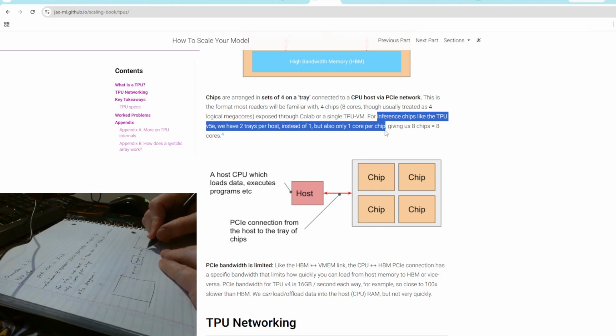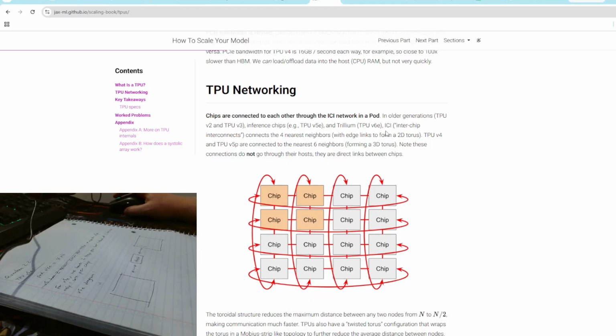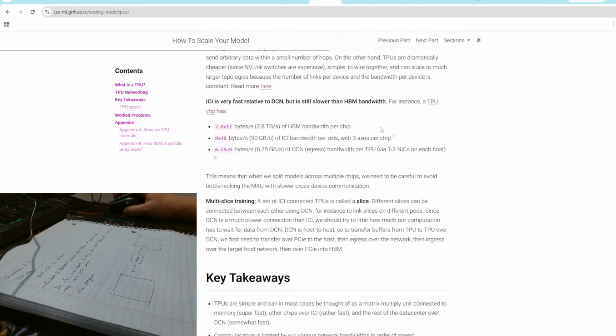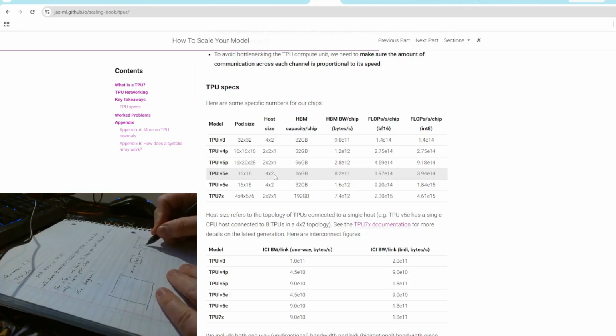Do we have 4 chips per tray? But also 1 core per chip. How many chips do we have per tray? Does it say? Host size? 4 by 2. Okay, so I would assume the 4 means 4 chips in a tray. Chip, chip, chip, chip.